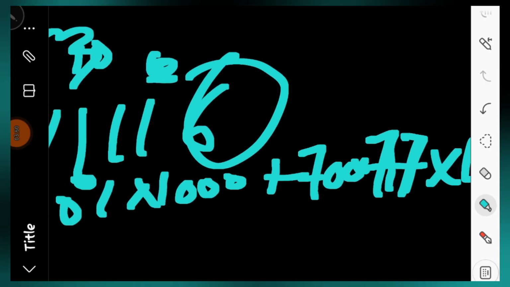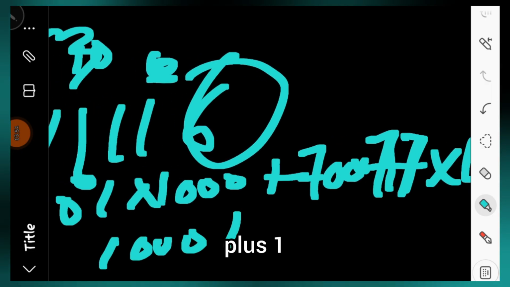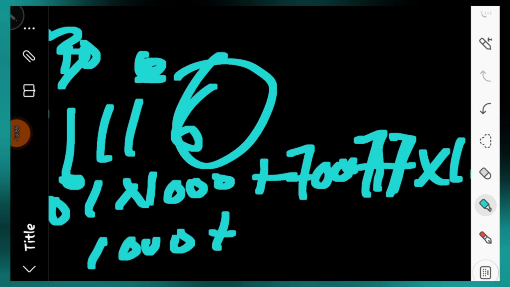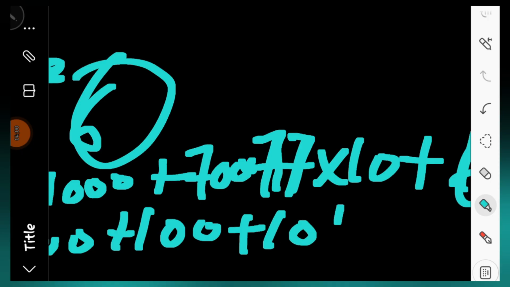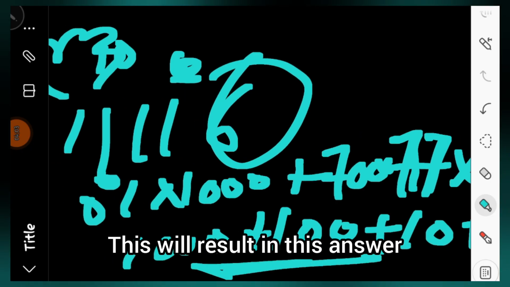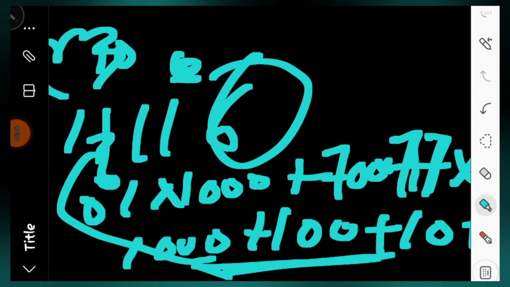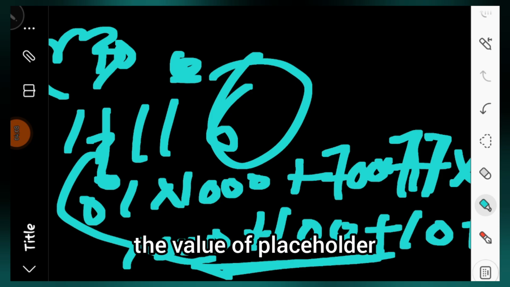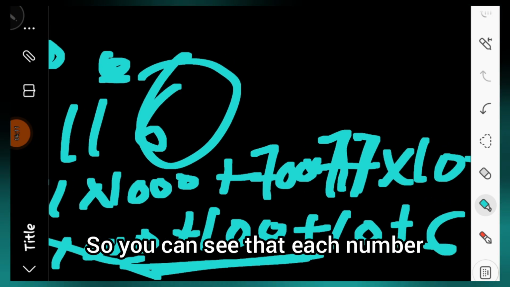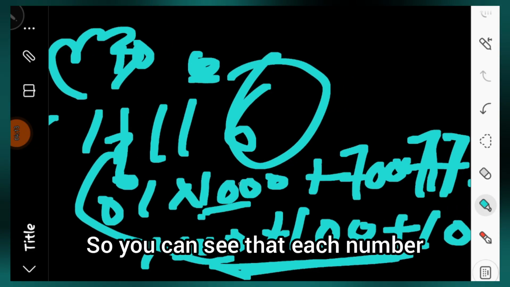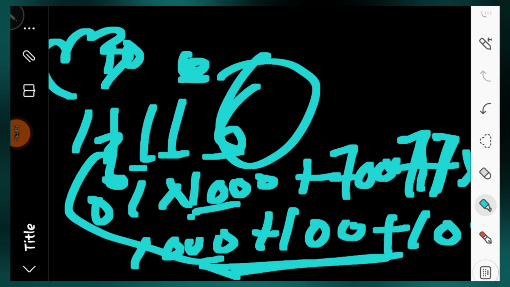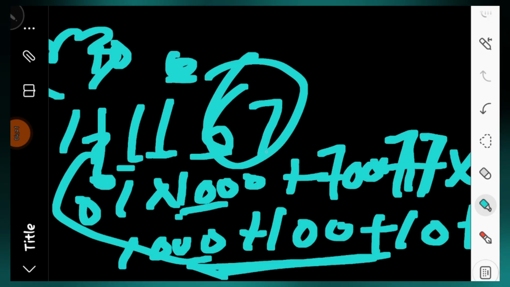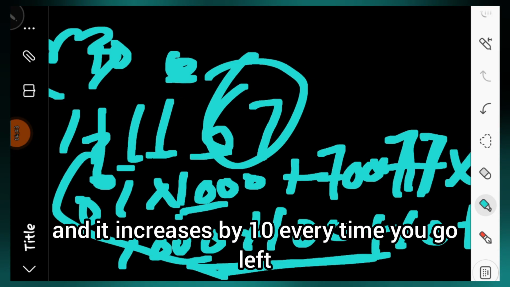This results in 1000 plus 100 plus 10 plus 6. This will result in this answer, giving the value of placeholder. So you can see that each number has a placeholder or place value. The furthest one has a value of 1, and it increases by 10 every time you go left.